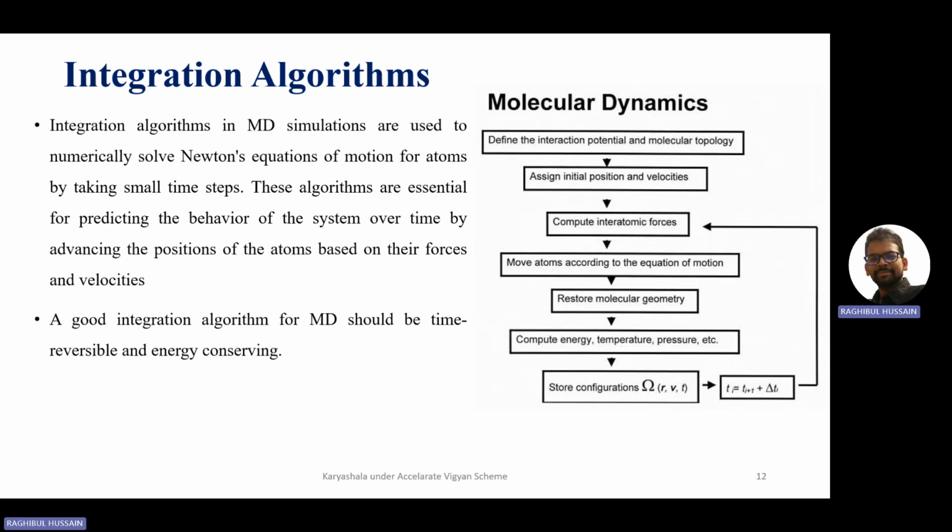Then move the atom according to the equation of motion, because as I said, this MD simulation is nothing but integrating Newton's law of motion for a many body system. Then after this motion, you have to restore the molecular geometry, and then you have to compute the energy, temperature, pressure, etc. Whatever the thermodynamic properties are.